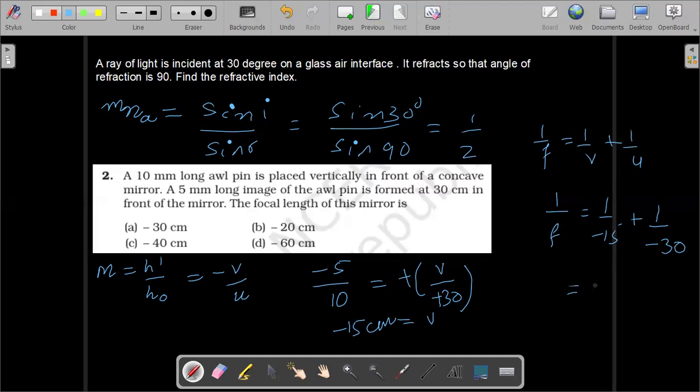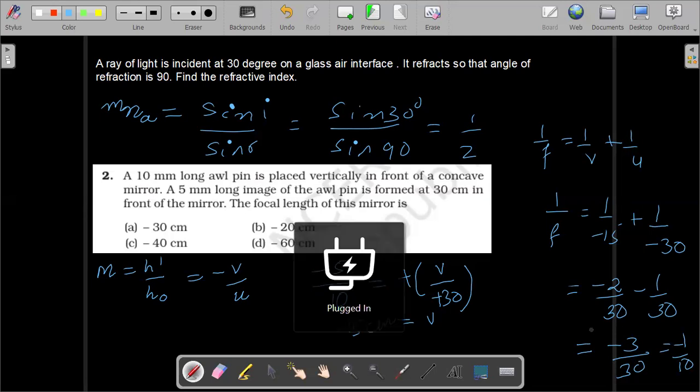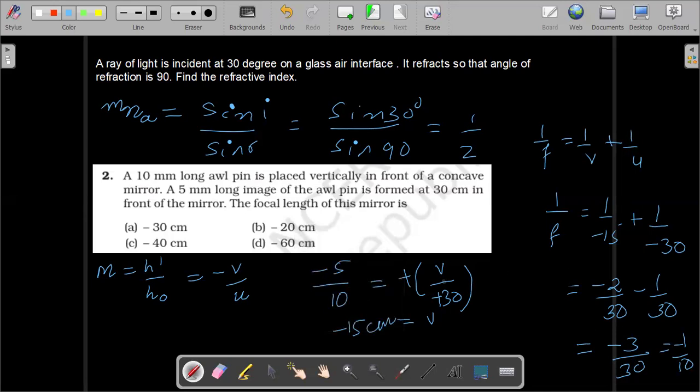So we write this as negative 2 by 30 minus 1 by 30, negative 3 by 30, which is negative 1 by 10. Got it? Is there any answer? Oh, there is no such answer.